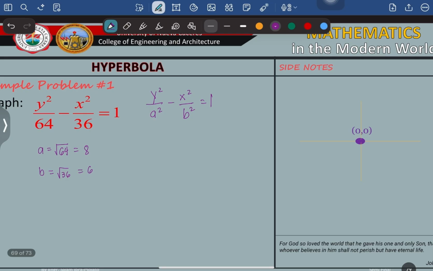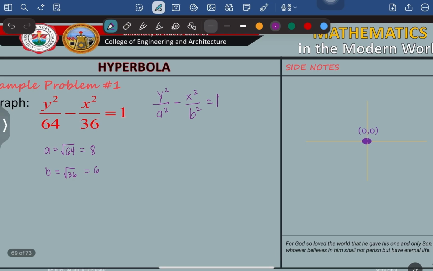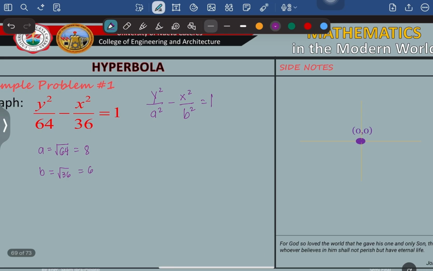vertically based from the positive y squared term. So, ganito lang yan. So, this is the 8. Then, for 6 units away from the center. Yan.